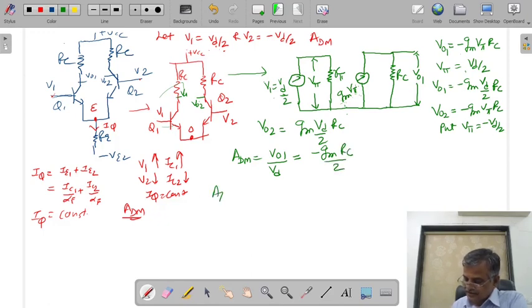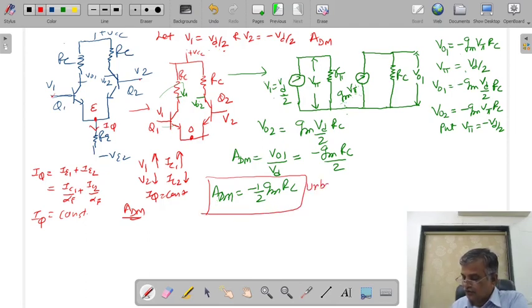This equation is for the unbalanced differential amplifier. Remember, this is the equation for the unbalanced differential amplifier, meaning you are taking the output between this and the ground line.